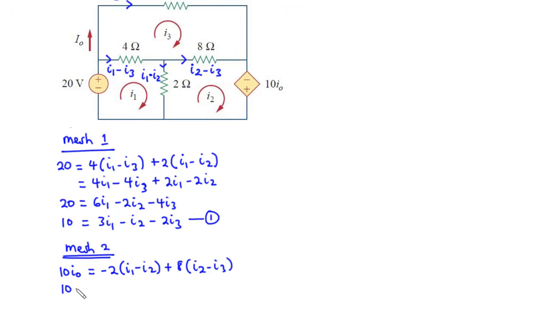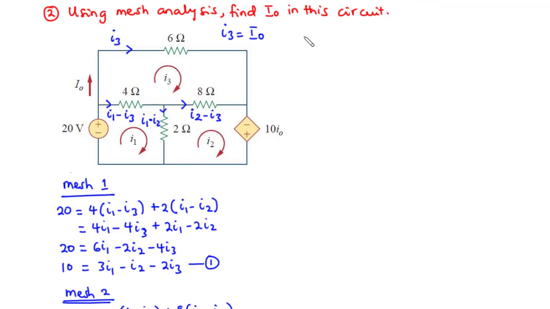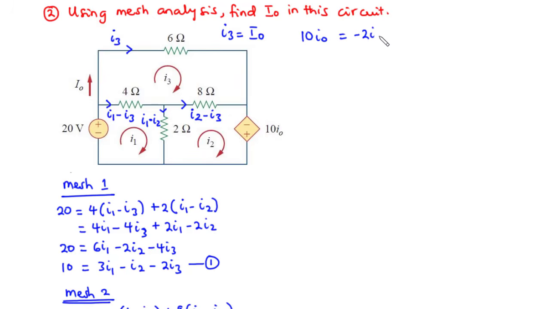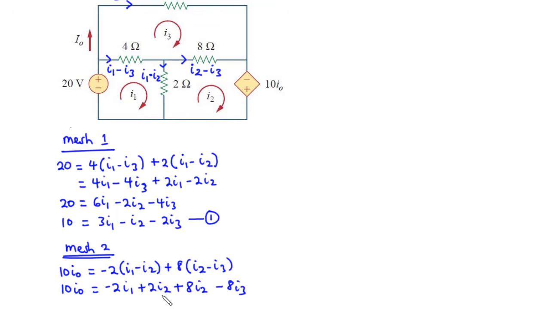So we are going to have 10 I naught equals negative 2I1 plus 2I2 plus 8I2 minus 8I3.